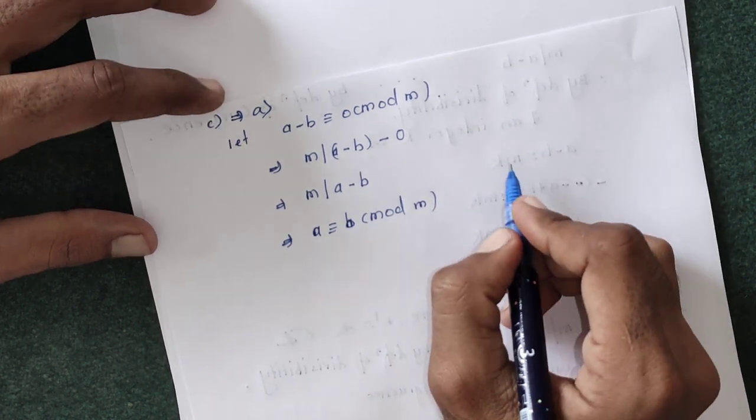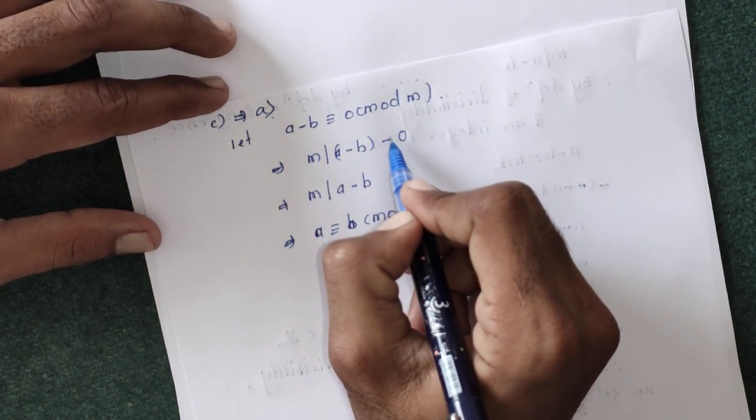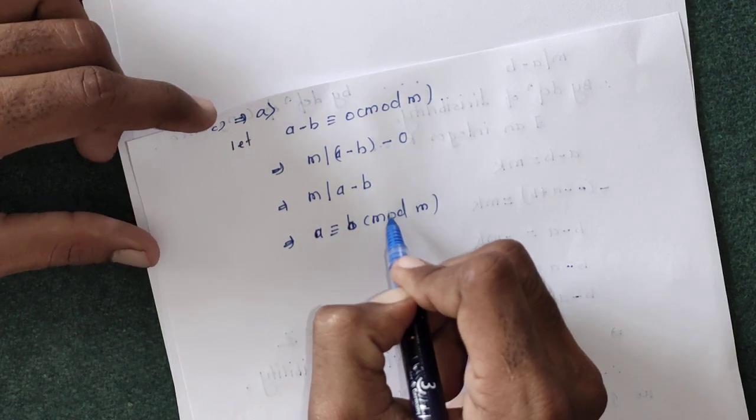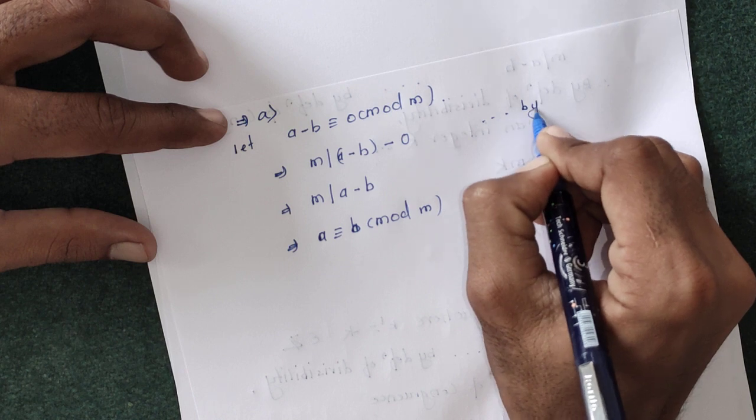From this step we use the definition of congruence. From this we get m divides a minus b, and again using the definition of congruence we get this.